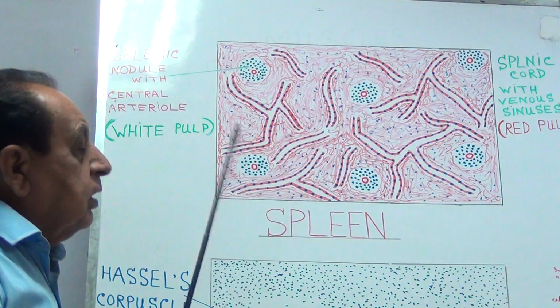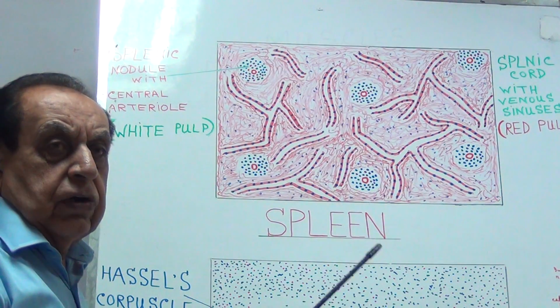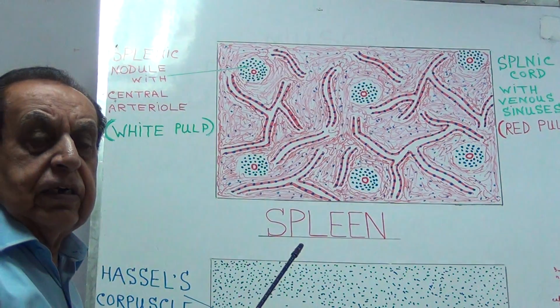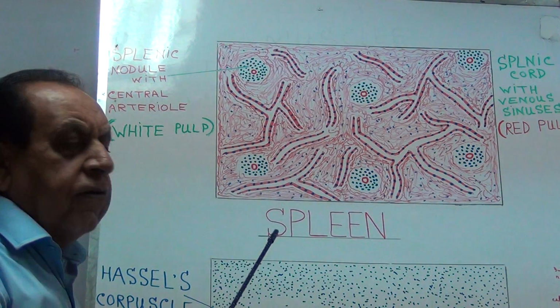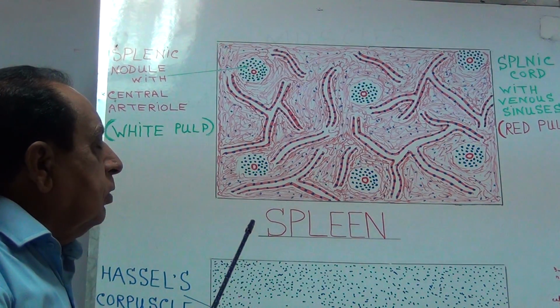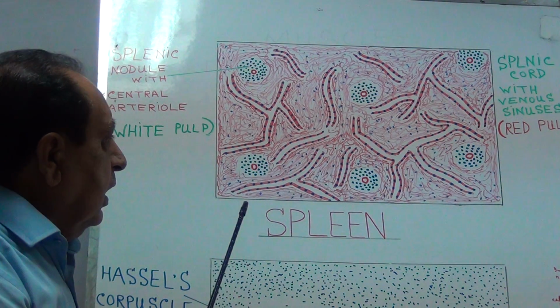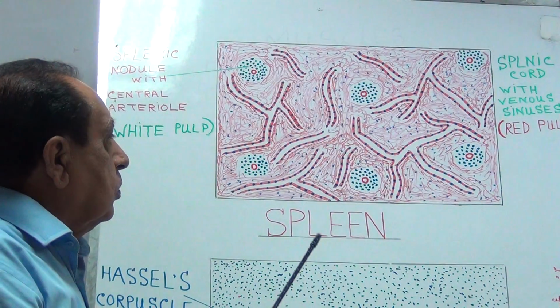The difference from other lymphatic nodules is that they have no central artery. The central artery passes through the lymphatic nodule of the spleen. So that is the main identification point of the spleen, that it has lymphatic nodules with a central arteriole.